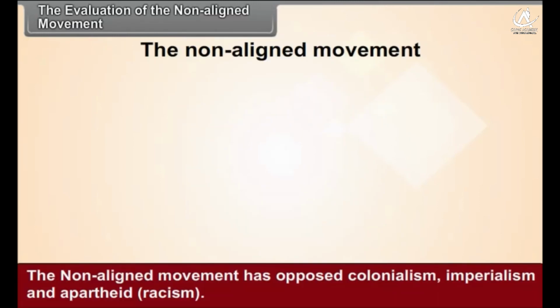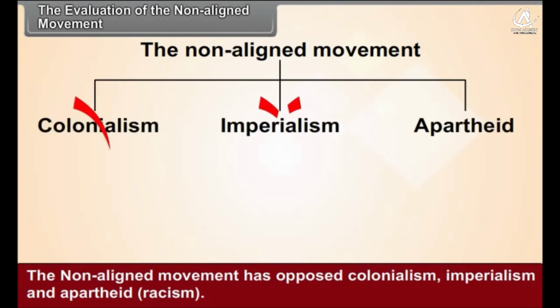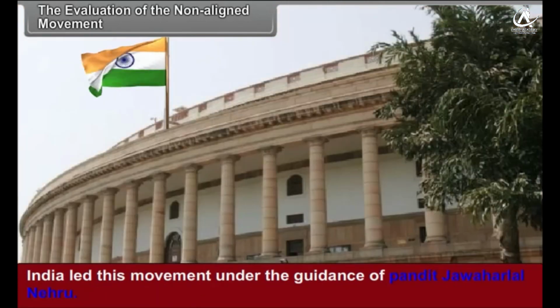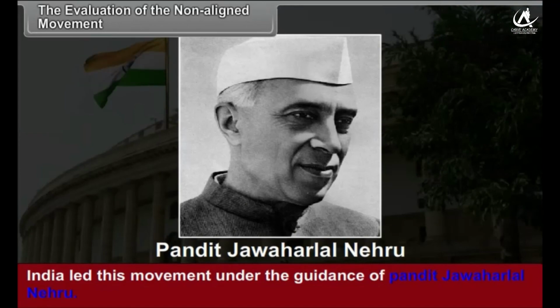The evaluation of the non-aligned movement. The non-aligned movement has opposed colonialism, imperialism, apartheid and racism. It has encouraged the use of peaceful methods in resolving international disputes. India led this movement under the guidance of Pandit Jawaharlal Nehru.